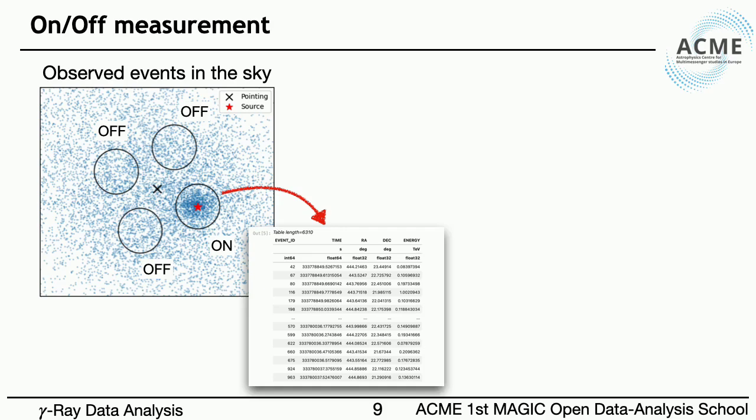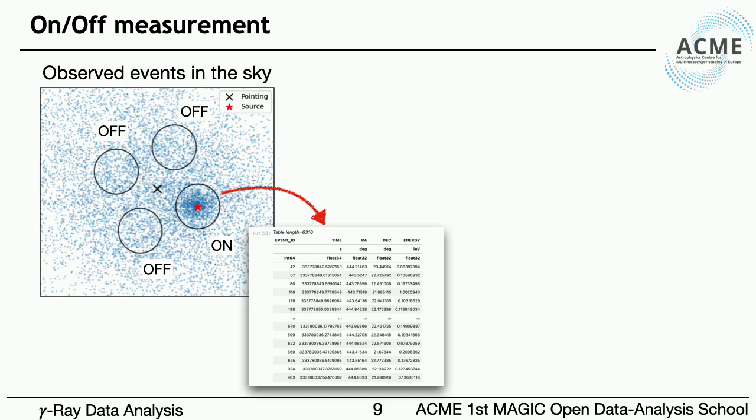This way the source still lies within the camera field of view, shown in the full picture, but at the same time we have several symmetric regions at the same distance from the camera center that can be used as an off region, which are shown instead with these circles denoted by off.